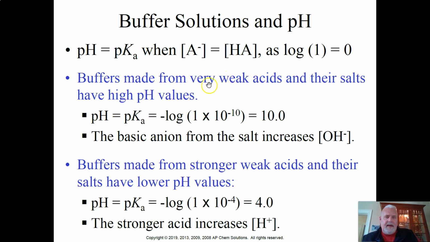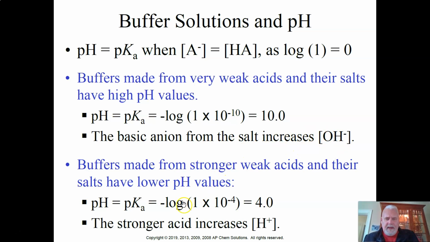When you take a very weak acid and there's salt, the buffers tend to be at a higher pH because it's such a weak acid, and then the basic anion actually would increase the OH concentration a little bit.